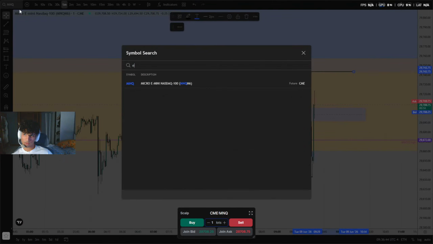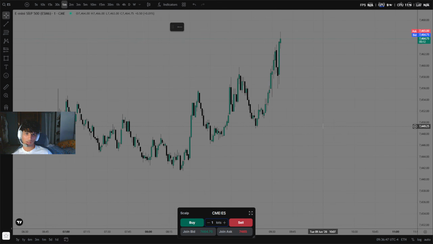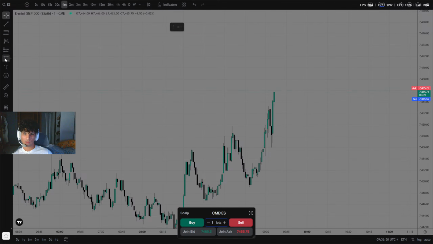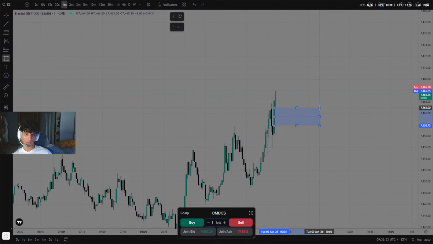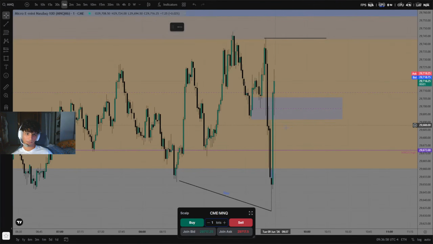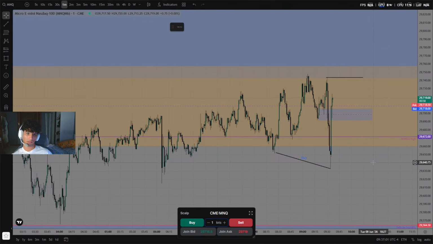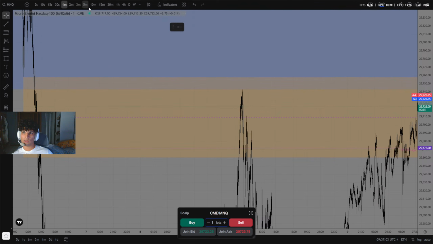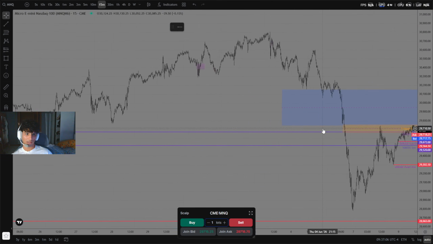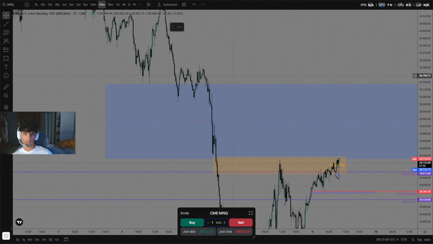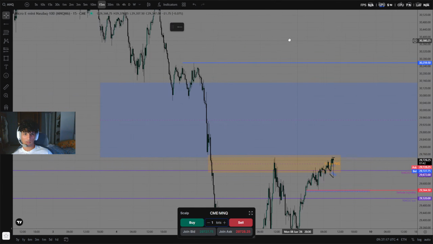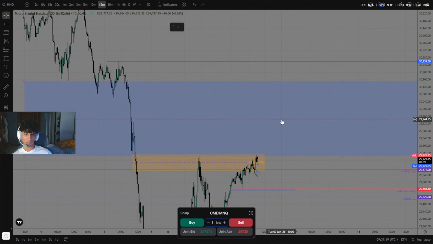Let's see if we can respect it and not close above it. If we are long, as I said, the next target should be these stacked highs. The first target should be the 50% of this fair value, and then maybe tomorrow it's going to be busy.